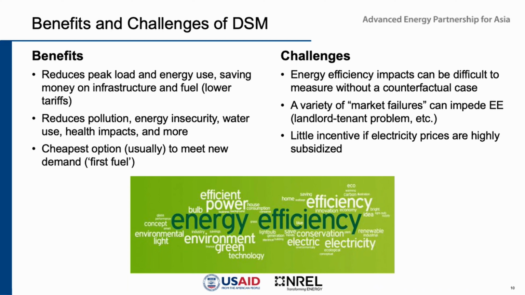DSM can also reduce pollution, energy insecurity, water use, health impacts, and more. DSM is typically referred to as the first fuel, as we noted earlier, because it can help match supply and demand at the lowest cost.